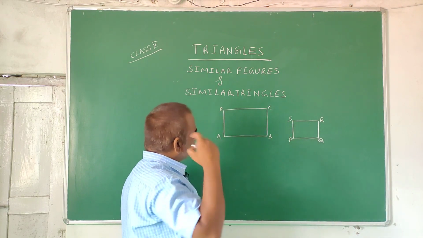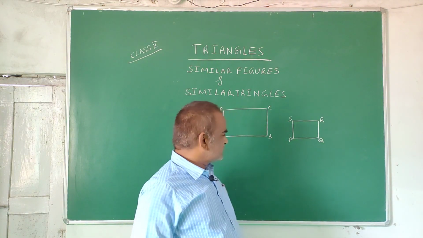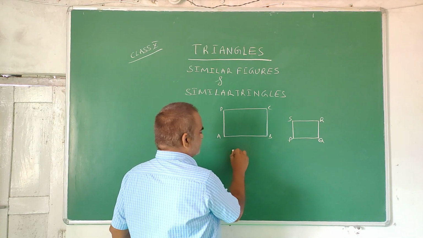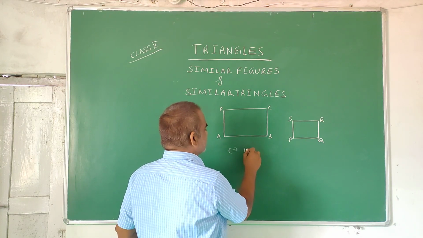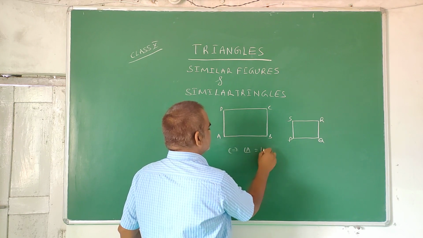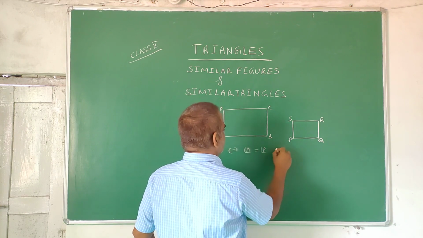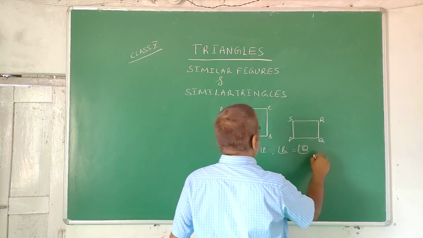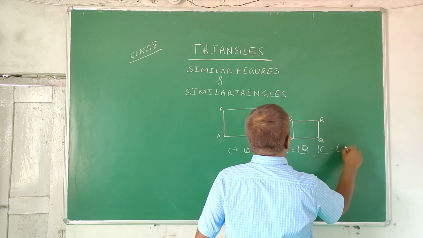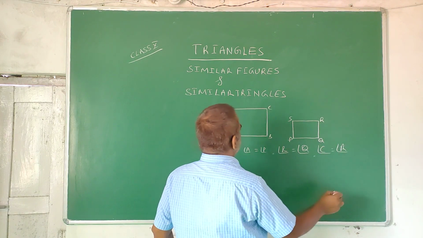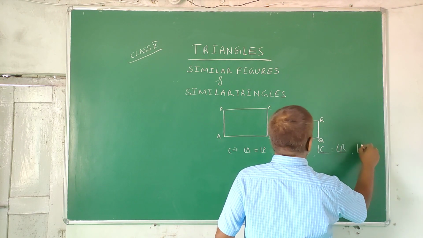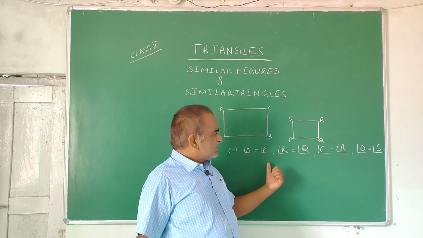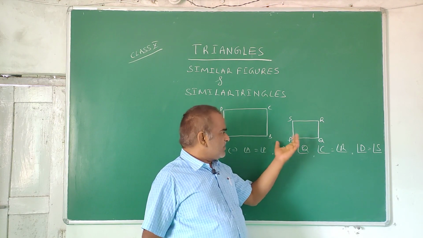So these two quadrilaterals are similar if and only if the corresponding angles are equal. So angle A should be equal to angle P, angle B equal to angle Q, angle C equal to angle R, and angle D equal to angle S. So this is the first condition for two quadrilaterals.